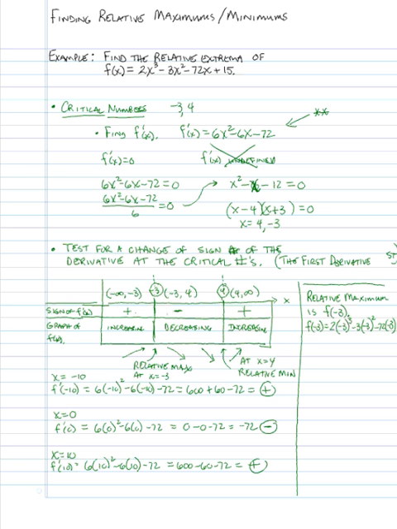And then we say plus 15, my bad here. And when we do all that calculation, we're going to get 150. And so this 150 is the relative maximum. That number is the relative maximum.